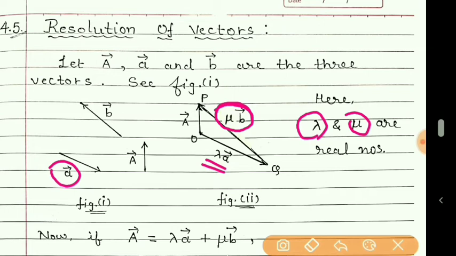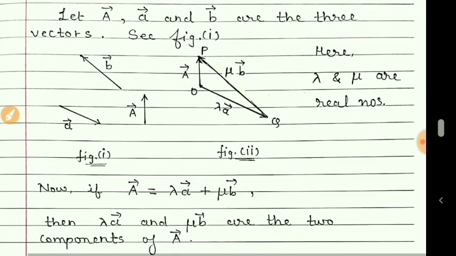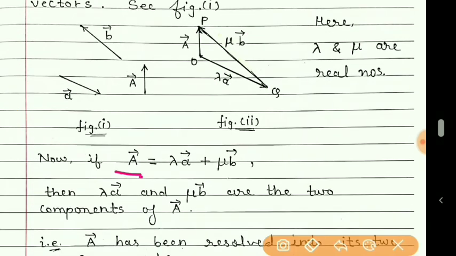Now adding head to tail of these modified vectors, we get the result as A. And so we can write that this vector capital A is the result of lambda a vector plus mu b vector.